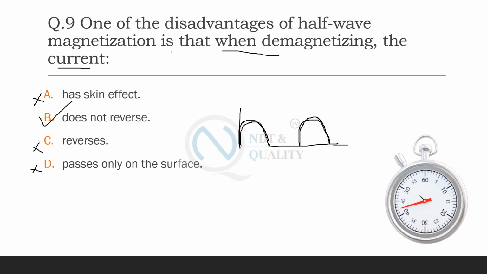So if it does not reverse, the polarity will be the same. If this is magnetized using half wave, then this north pole will remain north and the south pole will remain south. If the current is alternated, then the north pole will become south and the south pole will become north. So this is the disadvantage of half wave magnetization.